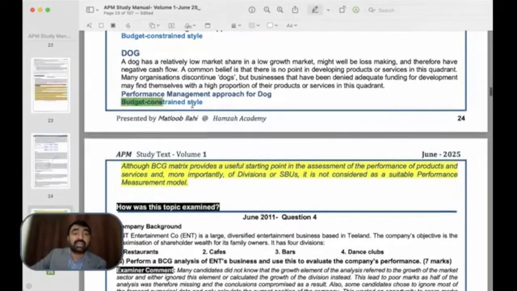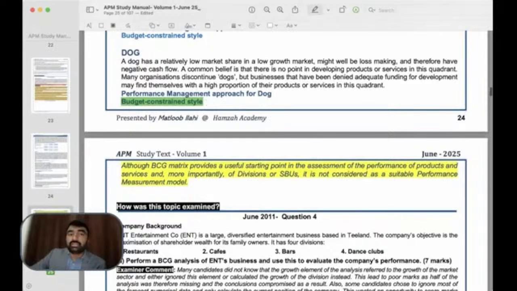Budget constraint style means that we need to have very strong, effective controls on cost. We need to avoid any expenses or spendings, or we need to focus less on marketing, research and development, skill development, quality, etc., because this is a dog product.